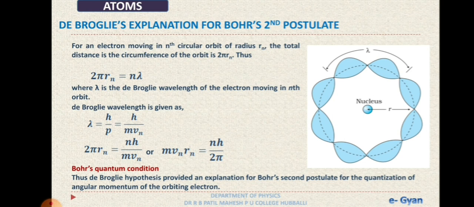Then we tried to understand the different spectral series that we get from the hydrogen atom due to the transition of electrons from the respective energy levels to the respective energy levels. We tried to understand the ionization and excitation phenomenon of an atom. And finally, we provided de Broglie's explanation for Bohr's second postulate.